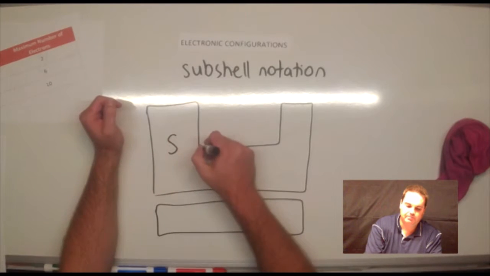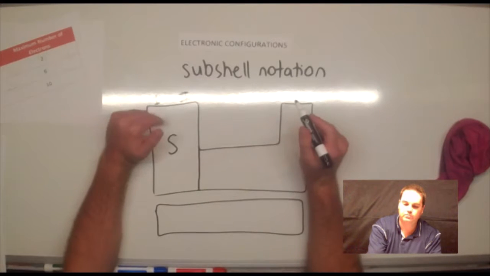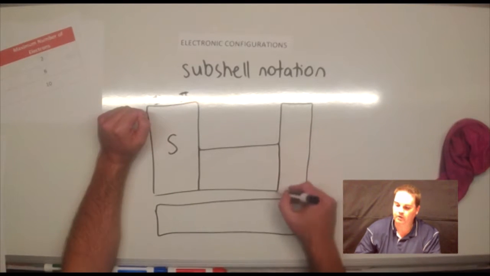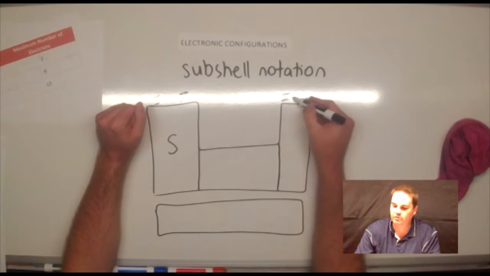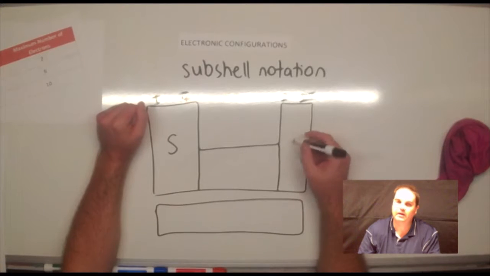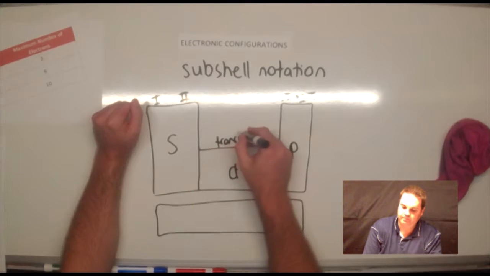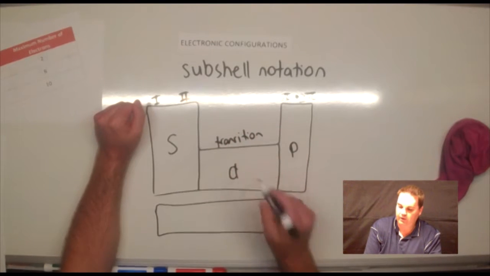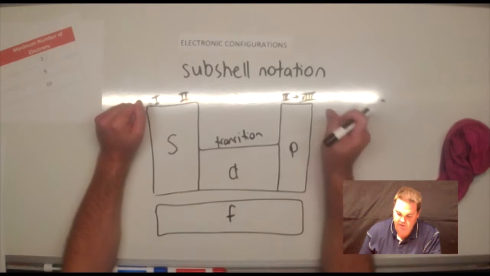This block over here, which is all your group 1 and 2 metals, is your S block. Over here, which contains your non-metals, groups 3 through to 8, is your P block. The transition metals in the middle are your D block, and right down the bottom, the lanthanide and actinide series, that's your F block.